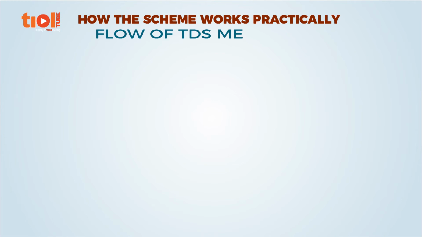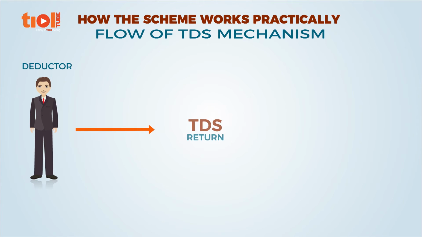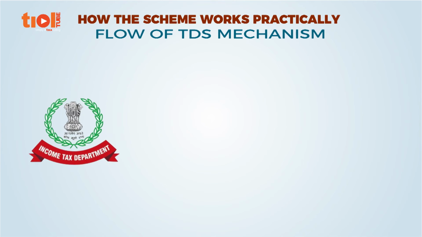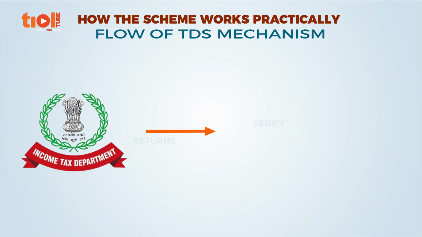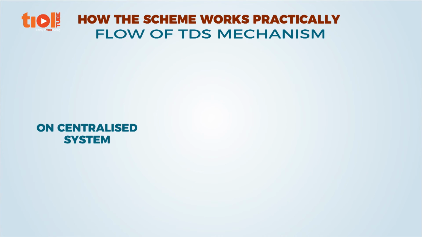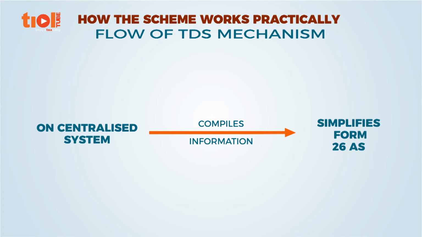How does this scheme work in practice? To understand this, let us go through the following steps. Step 1. The person deducting tax shall furnish periodic statements of TDS to the Income Tax Department in the form of TDS returns. Step 2. The above authority, after verifying the details, enters the details of TDS on a centralized computer system. Step 3. The centralized system then compiles all the information inserted by the deductor and provides the same to the deductee in a simple form, Form 26AS.